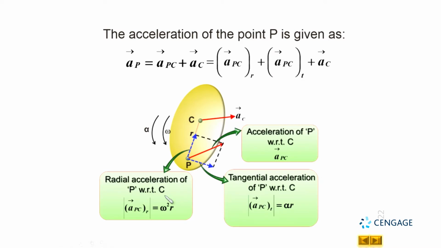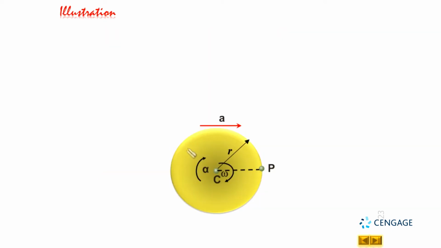Now if we substitute the values, and if these values are given, we can find the net acceleration of point P. Now let us learn this concept through one illustration. You can observe in this diagram, this is a uniform disk of radius r.